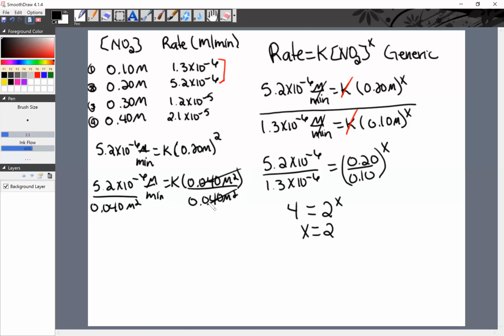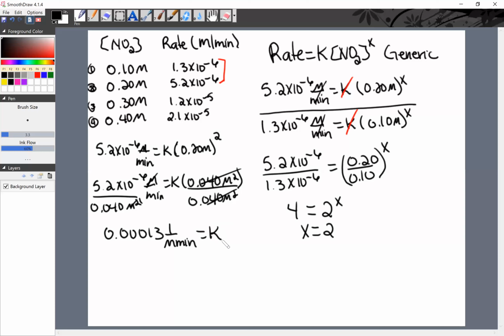This one is gone. And if you'll notice, one of these molarities is gone. I still get to keep one. And so 5.2 times 10 to the negative 6th divided by 0.04, I get 0.00013. Okay, 1 over molarity minute, that's my units left, is equal to k.